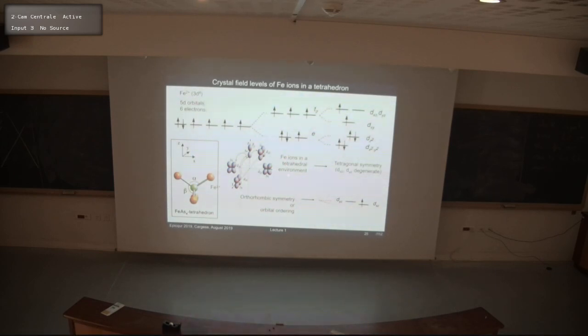crystal field effects in this environment will lead to the splitting of the eg and t2g levels. And now if we lower the symmetry further, and we have the trigonal symmetry, we found that the relevant orbitals, which are likely to play the most important role for the magnetism and electronic behavior, are the dxy, dxz and dyz, which are degenerate in tetragonal symmetry.